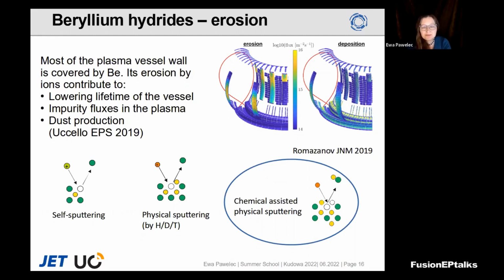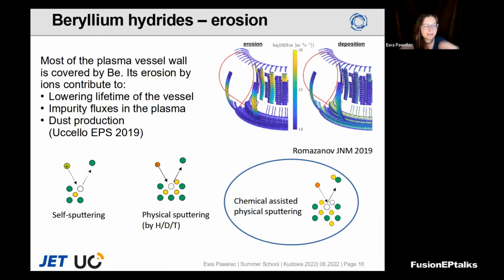But it was discovered some time ago by Sebastijan Brezinsek that there is a part of sputtering, a part of erosion, that does not go only by physical erosion, where you have the impinging ion and the atom goes off, and that's all.